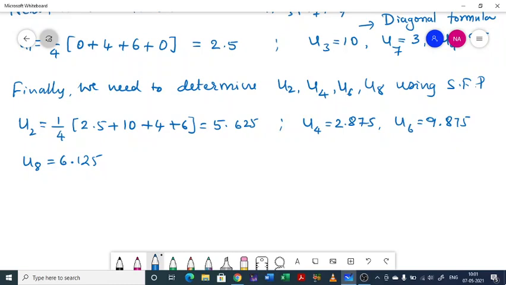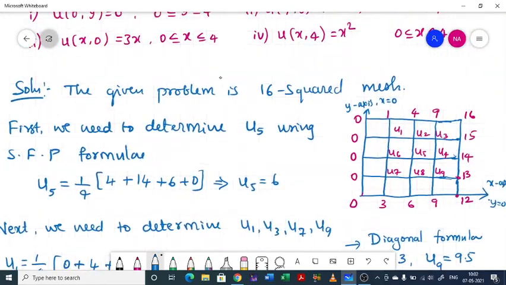And in the problem statement, there is one more step, I forgot to write that. Also employ Liebmann's iteration process to compute second iterative values of u of x comma y. I forgot to write that here, I'll write it now.